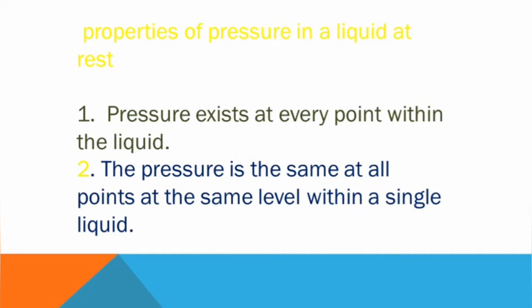So the points that are at the same height or at the same depth have the same pressure. Let me draw a line here. So the points on this line are at the same height h, so they all have the same pressure.